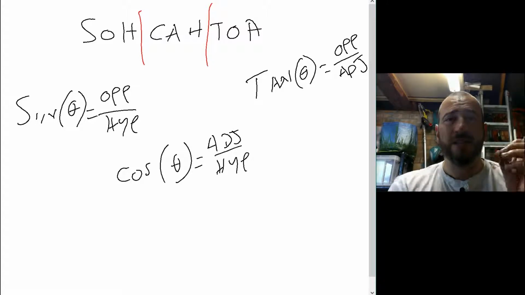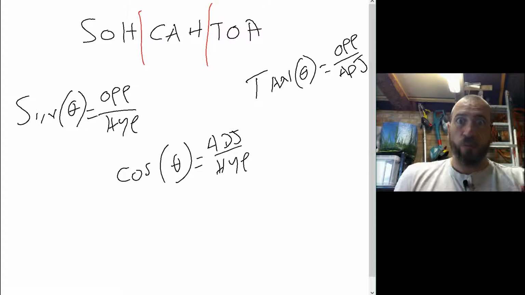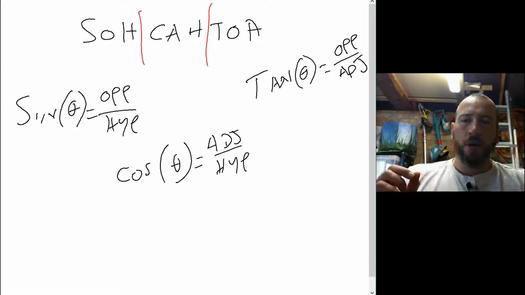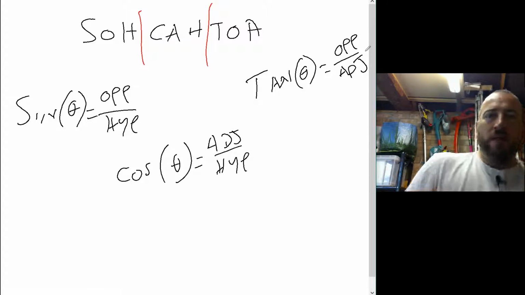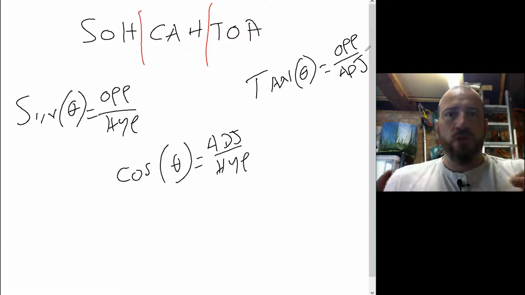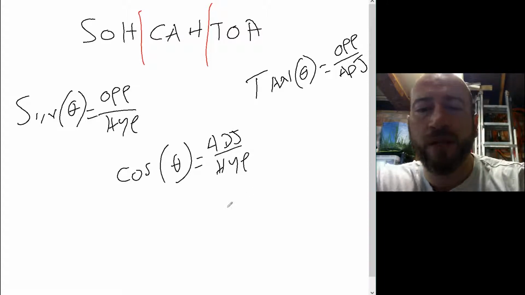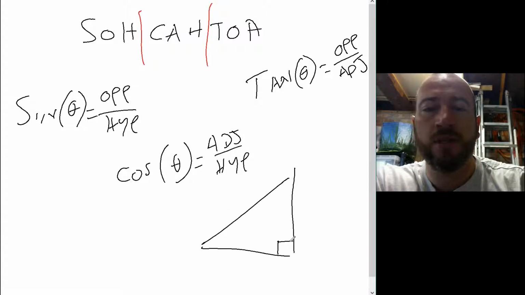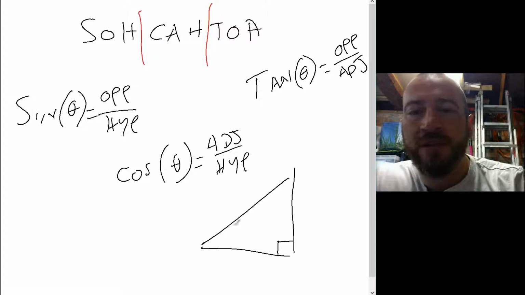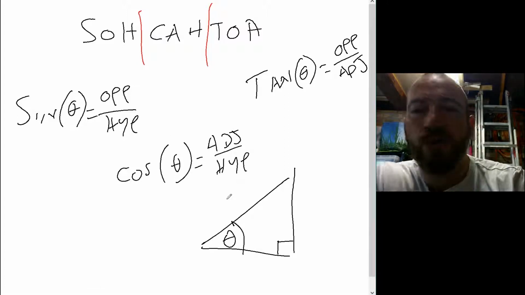Now, you recognise that sine, cos, and tan are little buttons that you got on your calculator. The rest of it all relates to a triangle, a right angle triangle specifically, like this. Our right angle is there. Our theta, our angle, is here. Then we got the hypotenuse, which is the longest side.